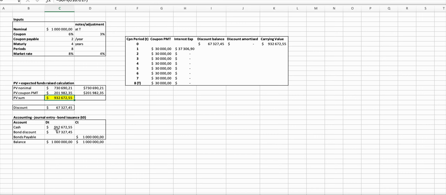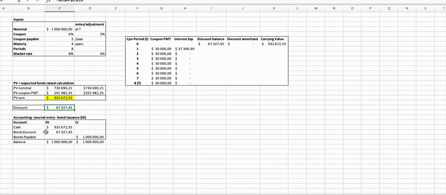And interest expense, when compared to coupon payments, is the best mechanics to understand the difference between the coupon rate of the bond and the effective rate or the market rate of the bond, and why bonds are issued at a discount and what is the actual cost of borrowing.